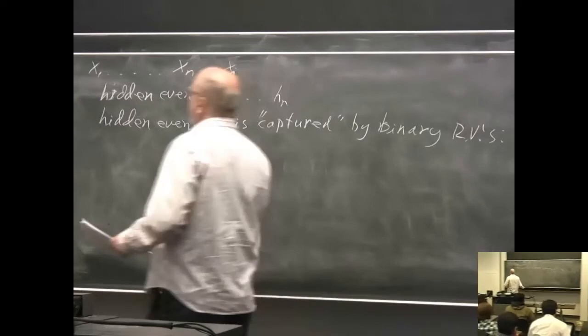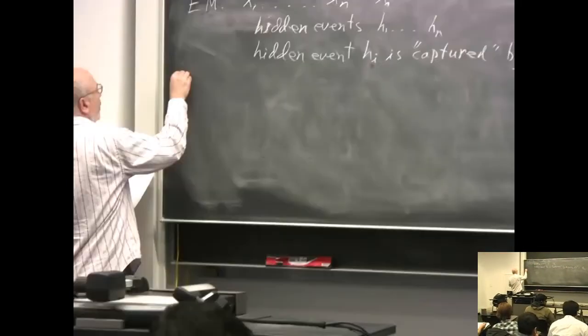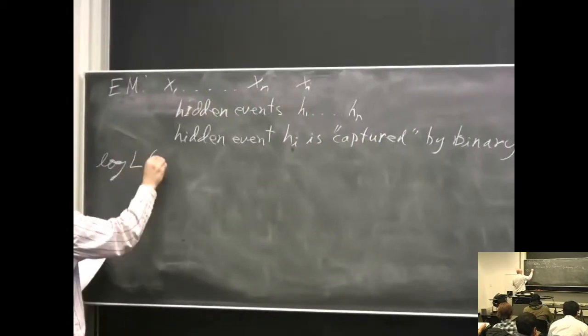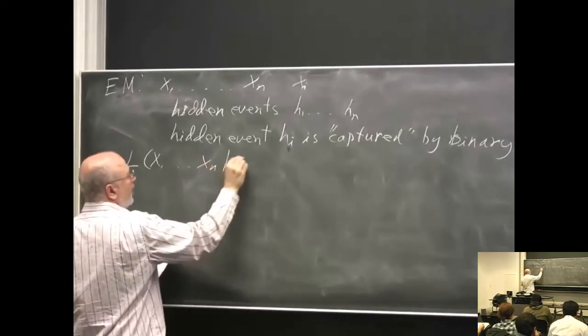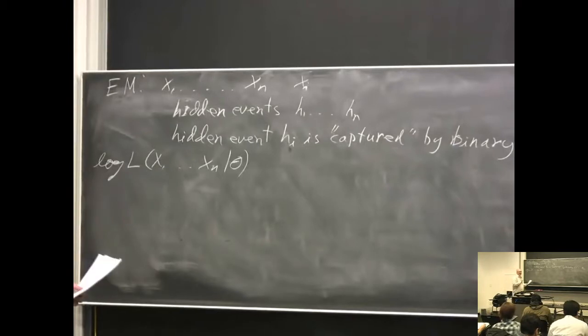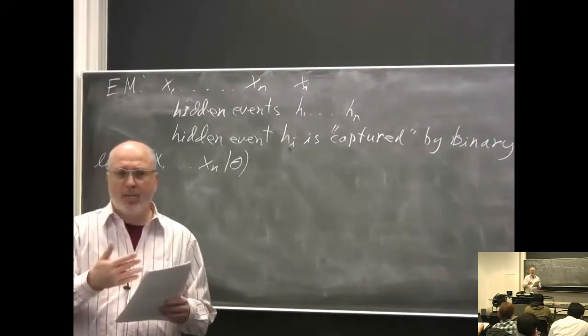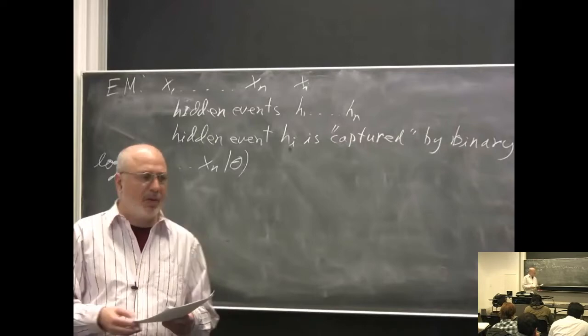And now I want to write down the likelihood, the log likelihood of my data, x1 through xn, conditioned on my parameters. In general, the xi's may not be independent of each other, but in the case of the mixture of Gaussians, they are independent of each other.